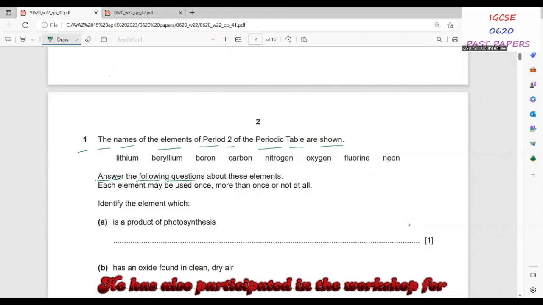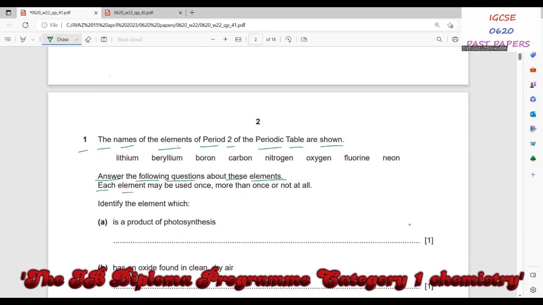Answer the following questions about these elements. Each element may be used once, more than once, or not at all. A: Identify the element which is a product of photosynthesis.